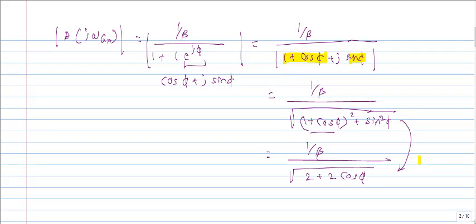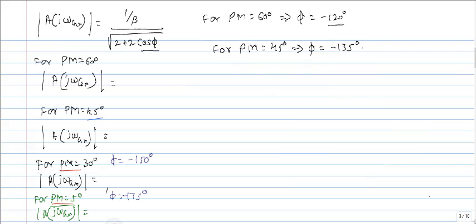So now let us try to evaluate the magnitude of the closed loop transfer function for different phase margins. Okay, so here for a phase margin that is equal to 60 degree, one would end up having a phase value of the loop gain at omega equals omega gx as minus 120 degree.